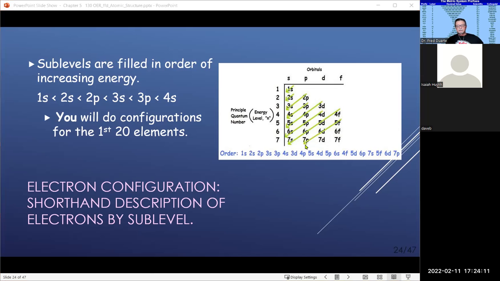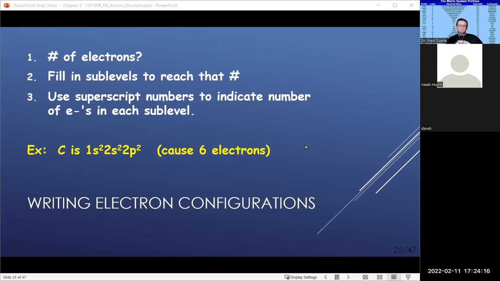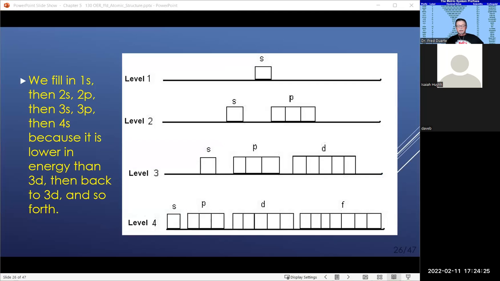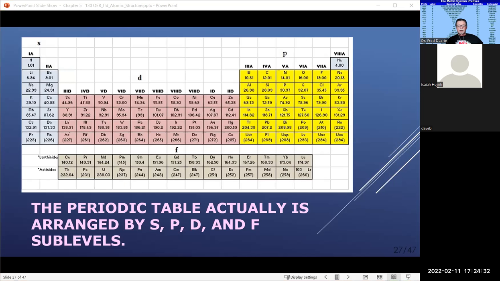All right, so that's using the label of the periodic table. Okay, and we just did carbon, so 1s2, 2s2, 2p2. Again, just to refresh your memory of the order that they're being filled. And this again represents what I call the S elements, the D elements, the P elements, and the F elements, to help you out with respect to electron configurations.